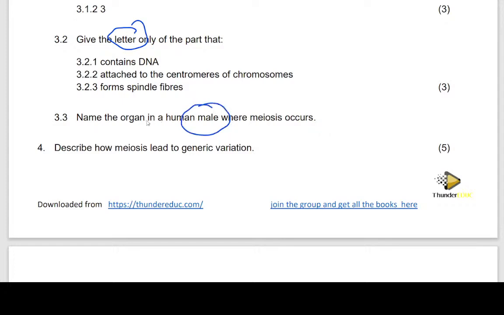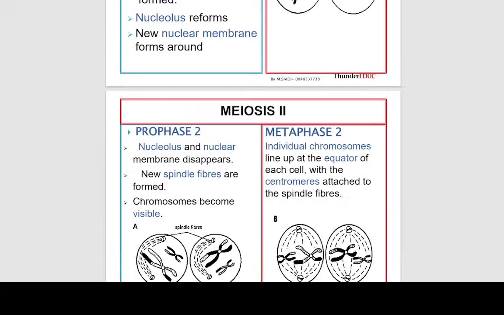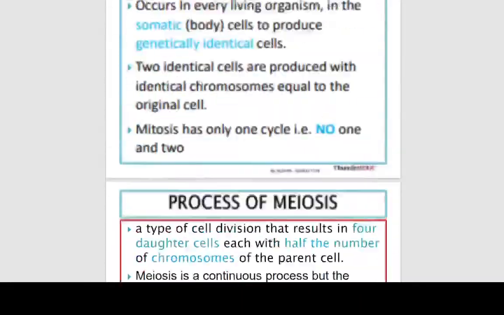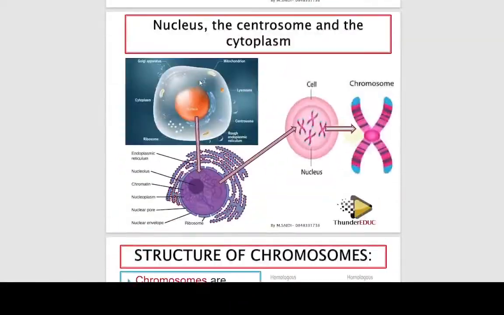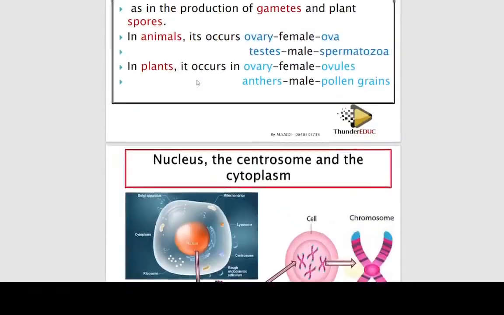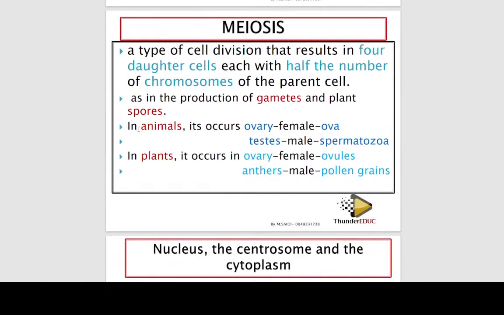We said it very clearly in our book. In human or in animals, it occurs in the testis in the male, meaning that this is the answer, testis. And in the female, it occurs in the ovary. That's the answer.